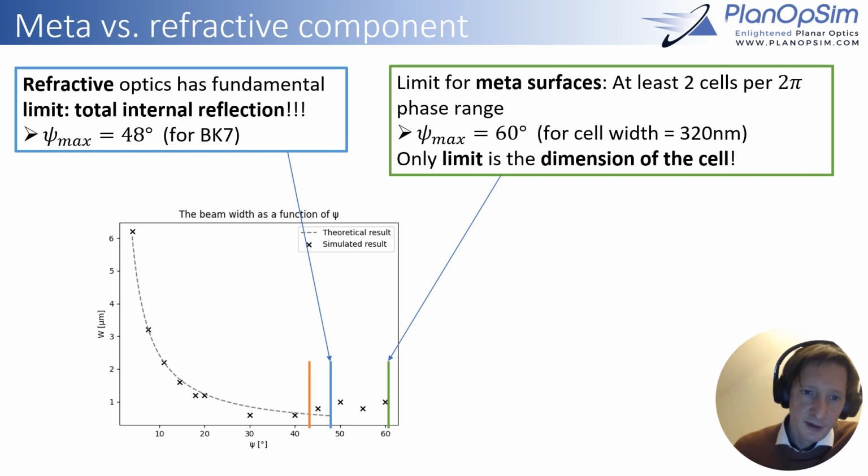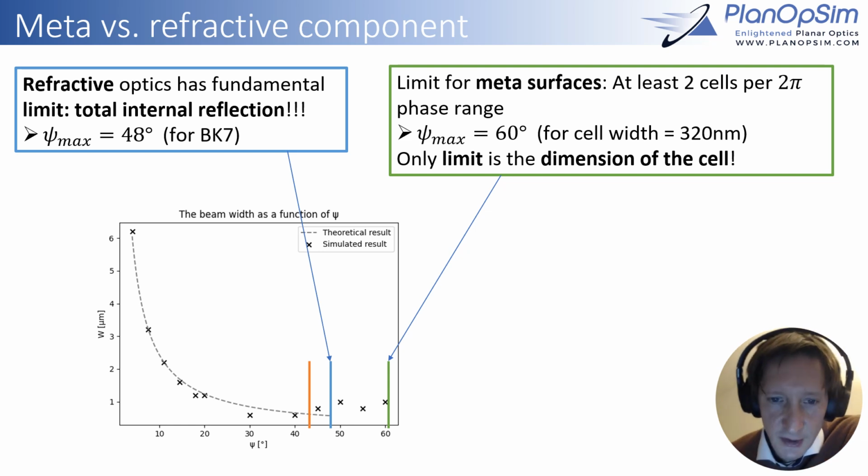And if we now make this comparison, for instance here, comparing a refractive axicon made out of BK7 glass to a metasurface, we see that the maximum angle limit for the refractive axicon that we can make is 48 degrees, whereas the metasurface that we designed with a unit cell size of 320 nanometer can go up to 60 degrees.